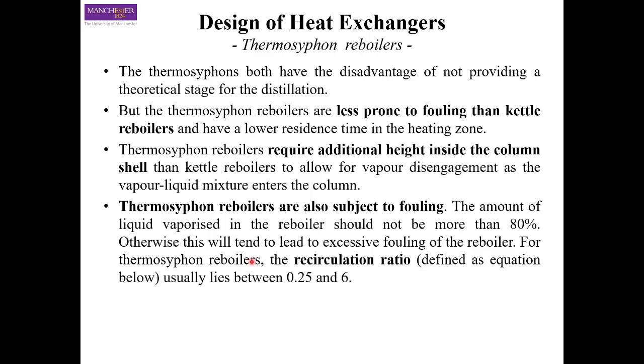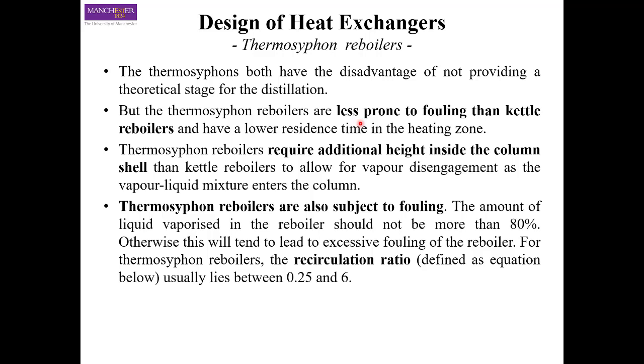Thermosiphon reboilers have a disadvantage compared with kettle reboilers: you cannot consider the thermosiphon reboiler as one theoretical stage of distillation, because we do not attain vapor-liquid equilibrium inside this reboiler. The advantage of thermosiphon reboilers is that they do not require a very high degree of vaporization.